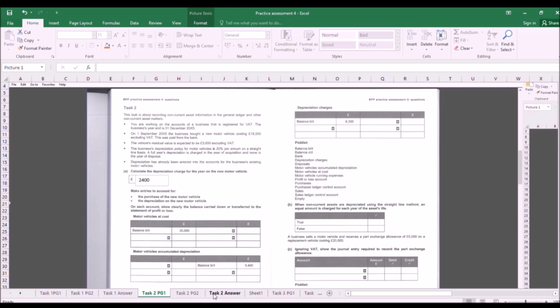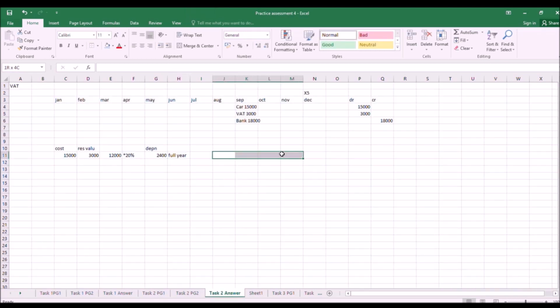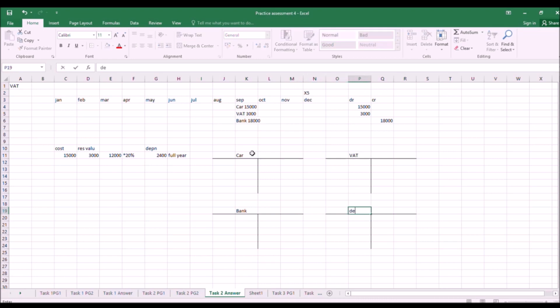Okay, so the easiest way to do this is to always do T accounts. It's the easiest way to not get things wrong. I'm going to give you the full version here. I've got some T accounts here, so let's go car, VAT, bank, accumulated depreciation, and the depreciation charge.